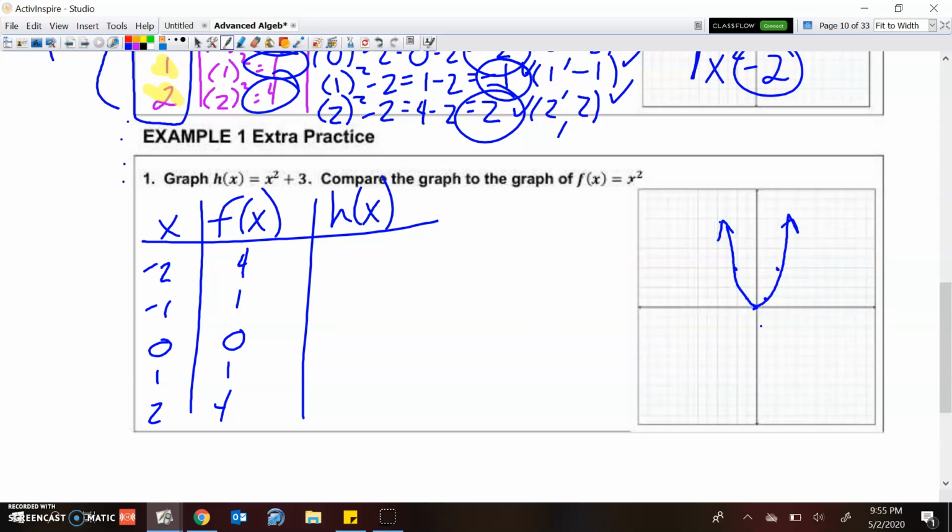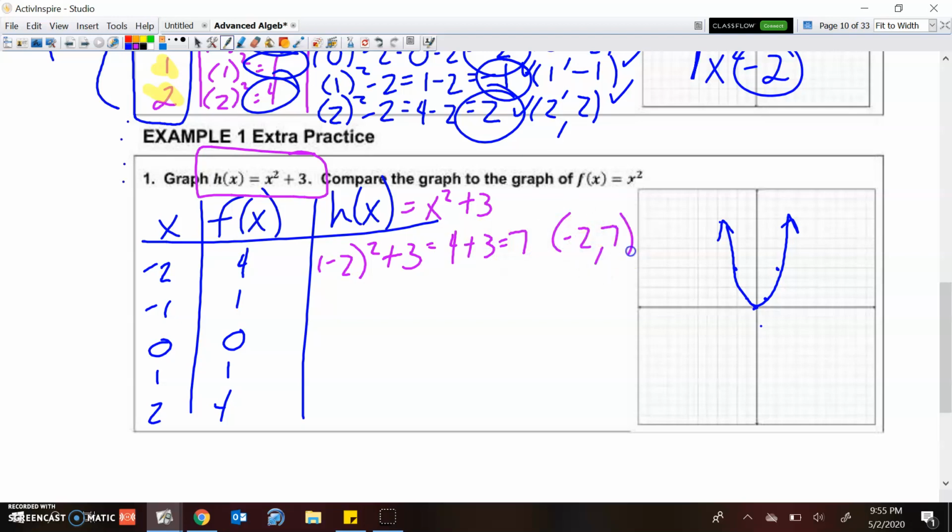Now I'm going to figure out my new one, h of x, which is x squared plus 3. So that means it's going to be negative 2 squared plus 3, which is 4 plus 3, or 7. So this ordered pair is negative 2, 7. Then I'm going to have negative 1 squared plus 3, which is 1 plus 3, or 4.